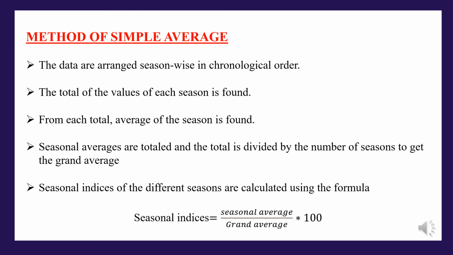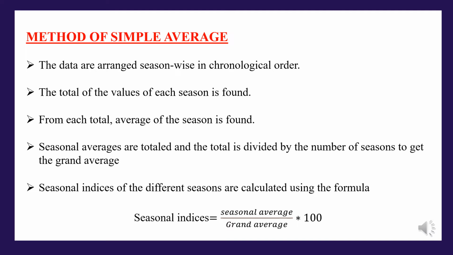Method of simple average. For determining the seasonal variations, seasonal data are necessary. The steps in the calculation of seasonal indices are the following. First one, the data are arranged seasonal wise in chronological order. The total of the values of each season is found.